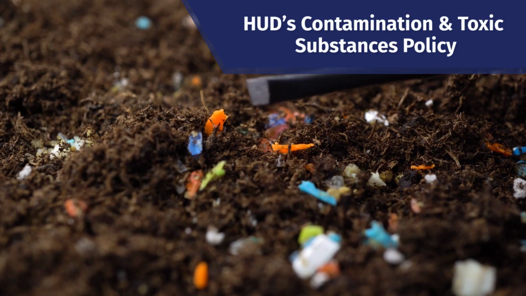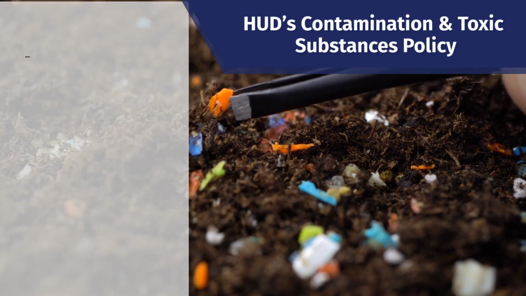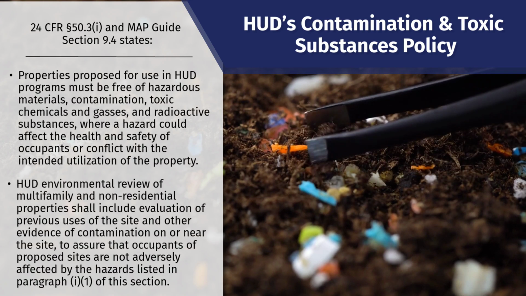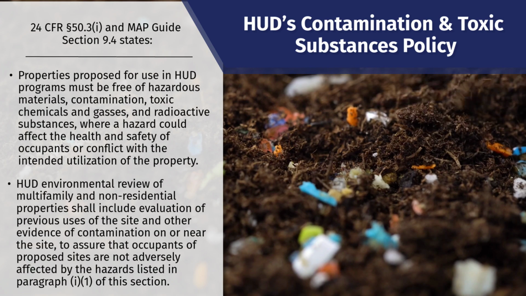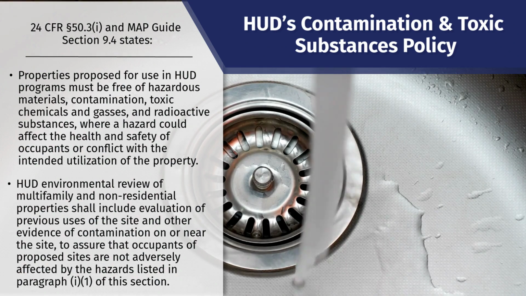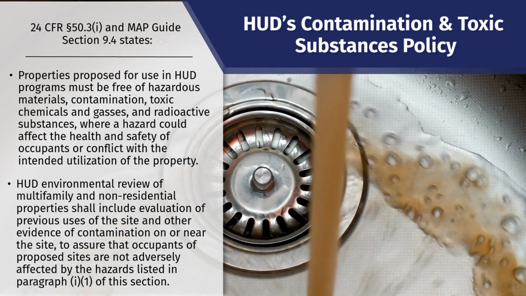HUD's Contamination and Toxic Substances Policy requires property proposed for use in HUD's programs to be free from hazardous materials, substances, and contamination that could affect the health and safety of occupants or conflict with the intended use of the property.